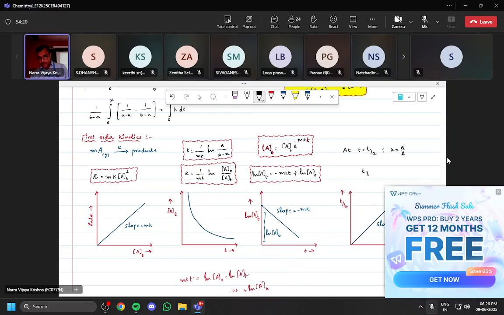t half equals log 2 upon MK. Is there any concentration term in it? No. That's why t half in case of first order reaction is independent of initial concentration. A term is not there. Right? So it should be constant.